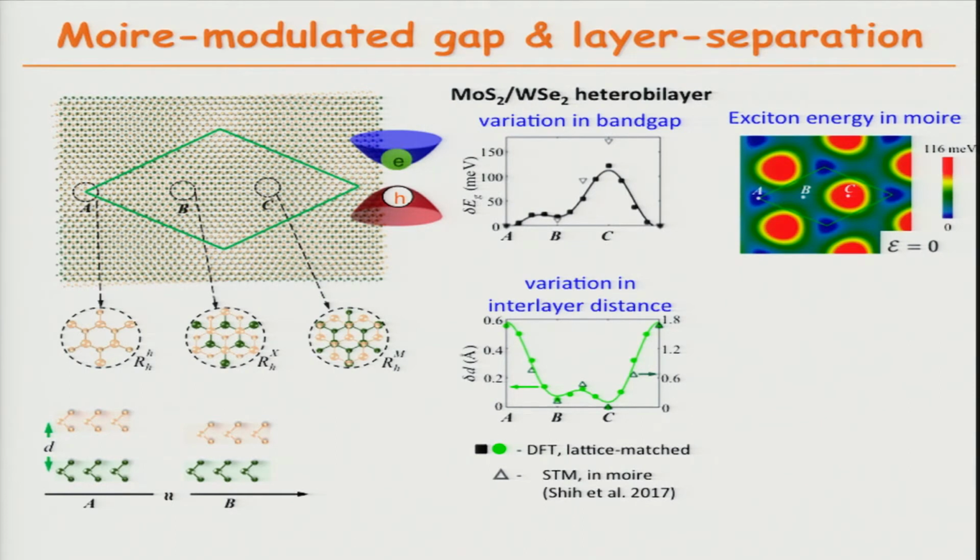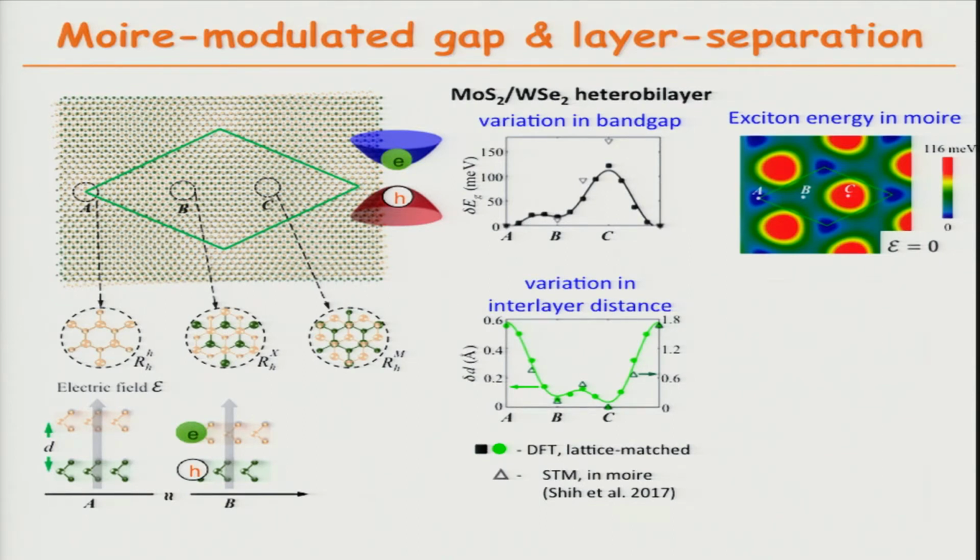But then, in real space, this interlayer exciton is a permanent electric dipole in the z direction. So this will also couple to the perpendicular electric field. And because the interlayer separations are different, the coupling strength to the field differs from place to place.